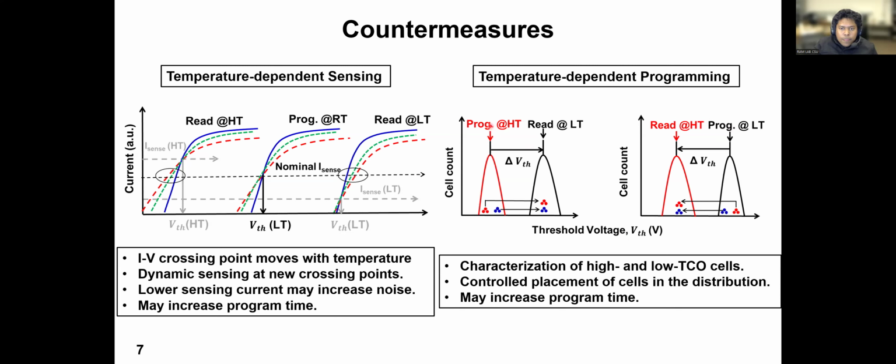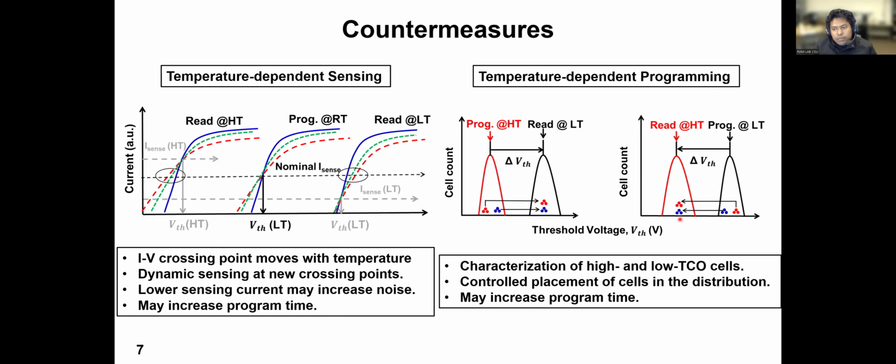Like in this figure, when it was programmed at high temperature, the red cells are placed at the leftmost tail, and the blue cells are placed at the rightmost tail. So when we sense it at a low temperature, the red cells will undergo larger VT shift, and the blue cells undergo smaller VT shift. But because they are placed strategically, they will end up being in the same region in the distribution. So the resulting distribution at a different temperature will not be widened.